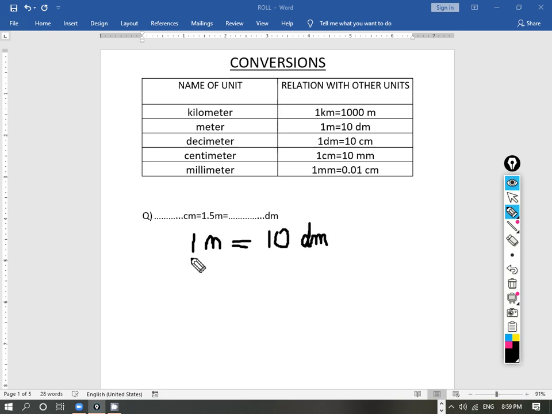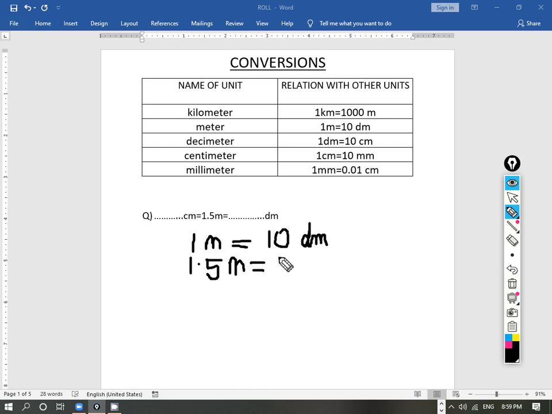So we will do this: 1.5 meter will be equal to, the normal practice for doing this type of conversion is that, since 1 meter equals 10 decimeter, how many decimeters will 1.5 meter be equal to?